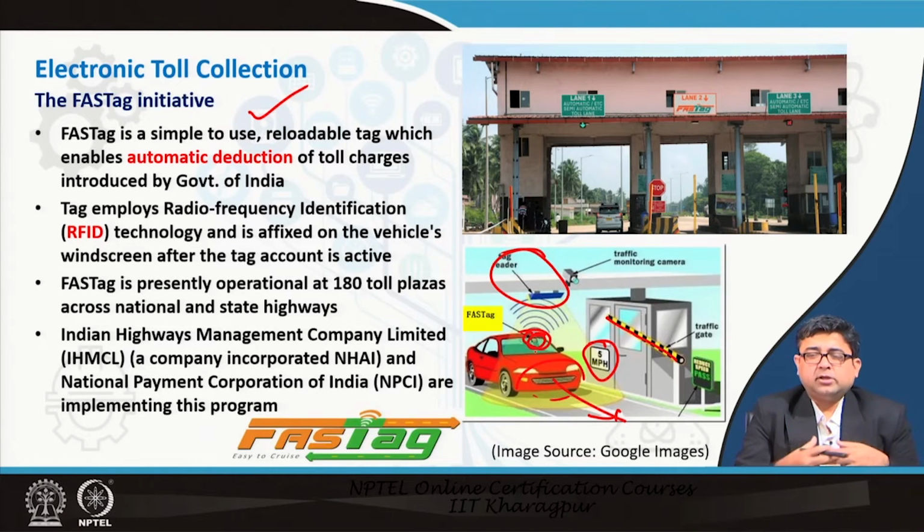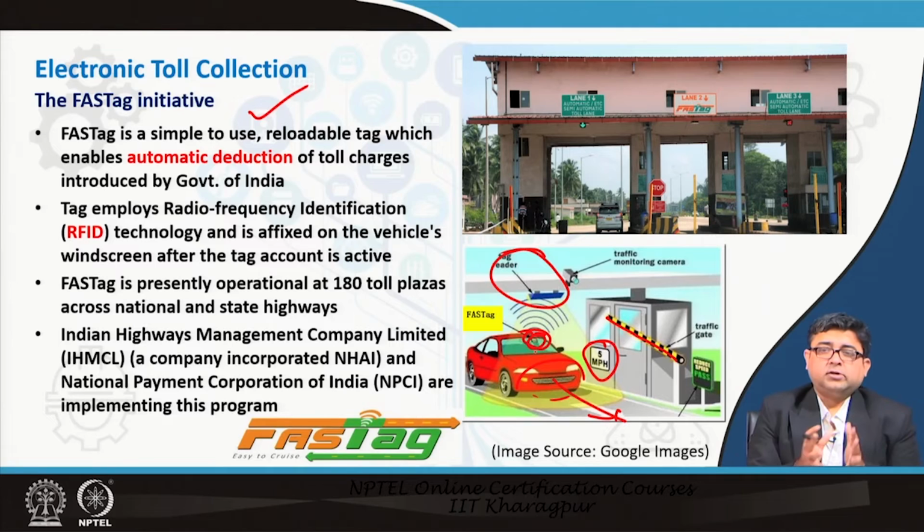But for that, you would need not only good communication networks, but also good lane behavior. Since in Indian conditions our lane behavior is not very good and the communication technology is still developing, we would still require you to slow down a tad for this transaction to happen, but you do not have to come to a complete standstill and you do not have to wait at the toll booth.